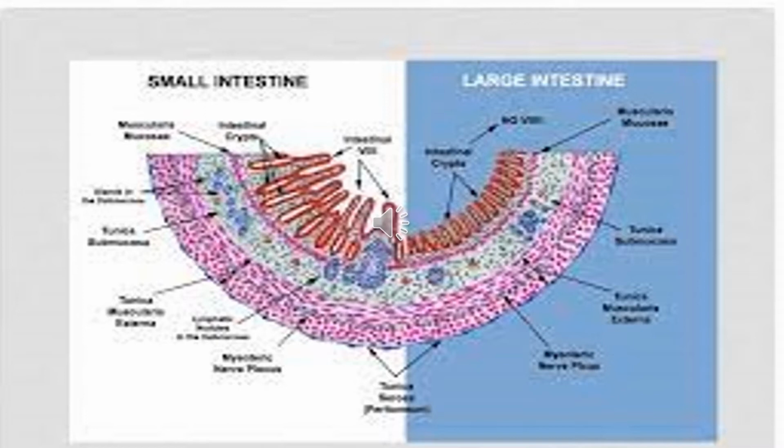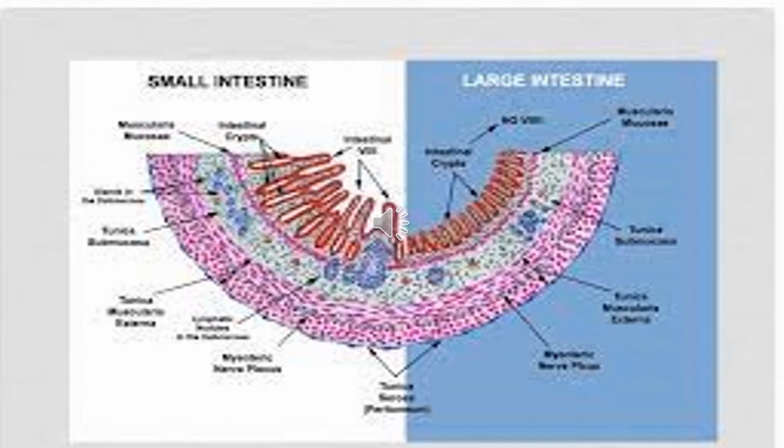As you can see in this diagram, there is a difference in the mucosa of the two. In the large intestine, there are no villi, no plica, and no very deep crypts or glands of the intestine. However, in the small intestine, you can see that villi are also present.